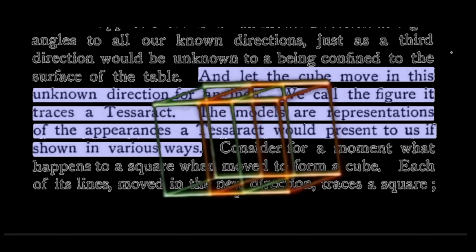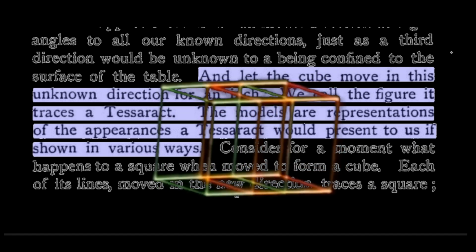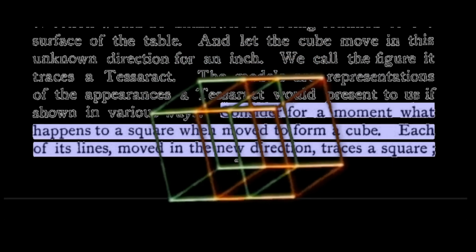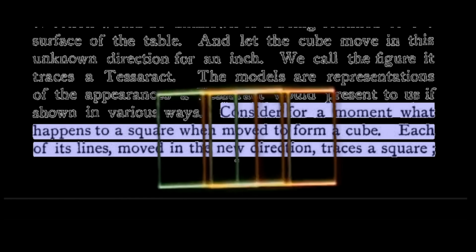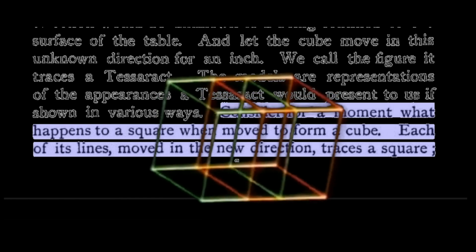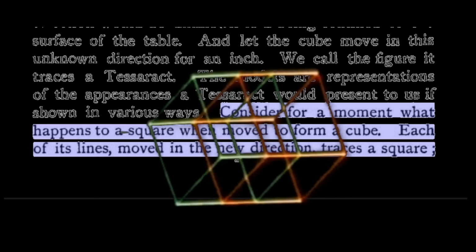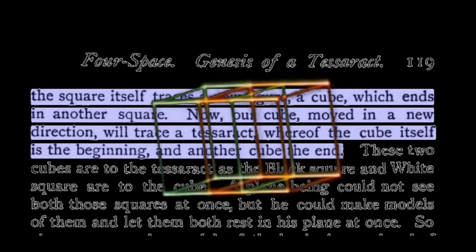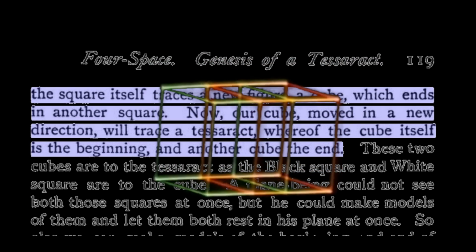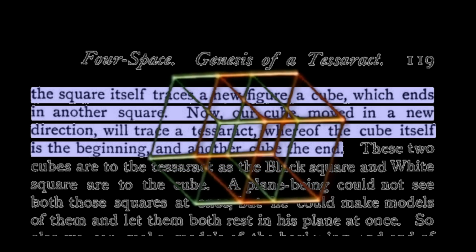The models are representations of the appearances a tesseract would present to us if shown in various ways. Consider for a moment what happens to a square when moved to form a cube. Each of its lines, moved in the new direction, traces a square. The square itself traces a new figure, a cube, which ends in another square.